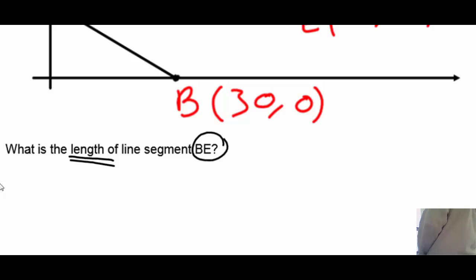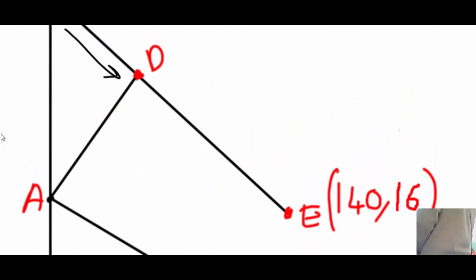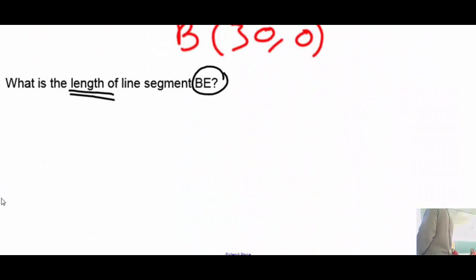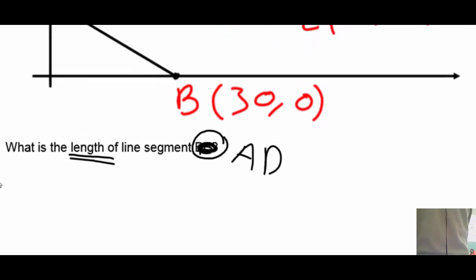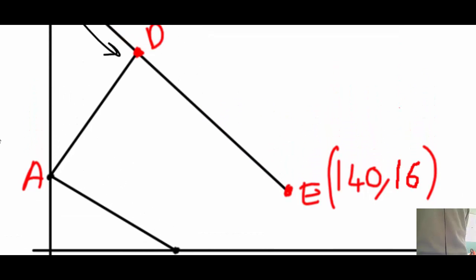This is not BA. It's AD. Yes. What is the line segment AD? So we need to find out the distance between D and A.